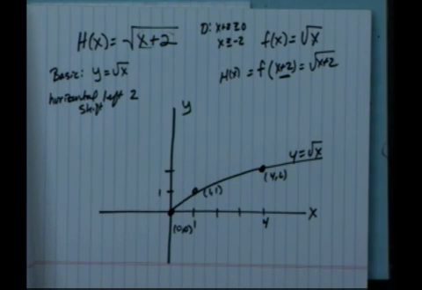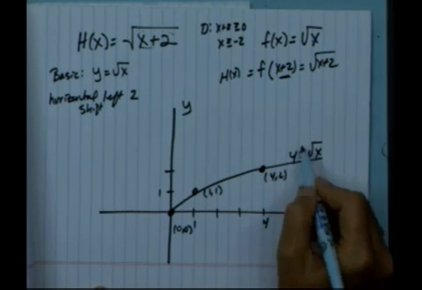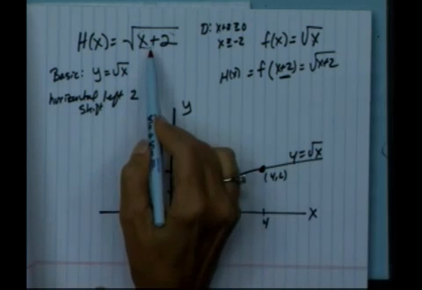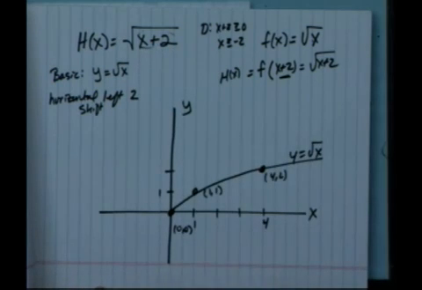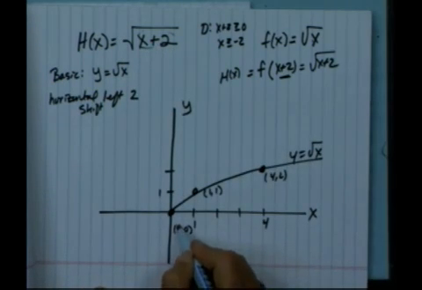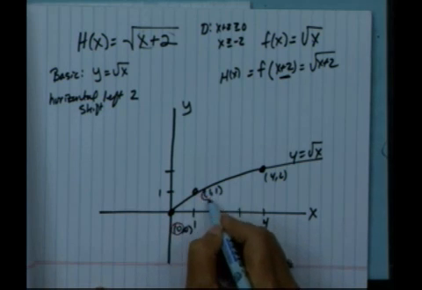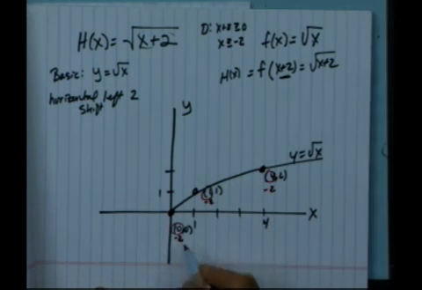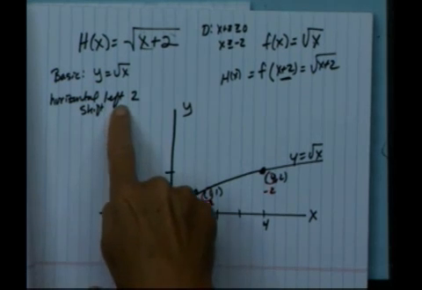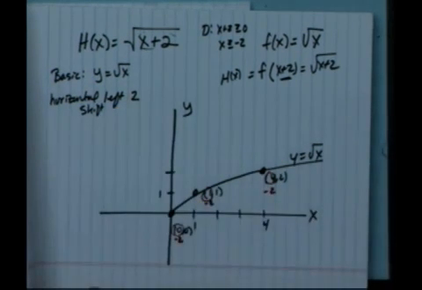Okay. Now we're going to take this and we're going to play with the domain, and this is going to be a horizontal shift to the left of 2. So what does that mean I'm going to do to all these x values? Subtract 2. So I'm subtracting 2 from all the x values because it's a horizontal left 2. That's a negative direction. I'm going in the negative direction 2 units.